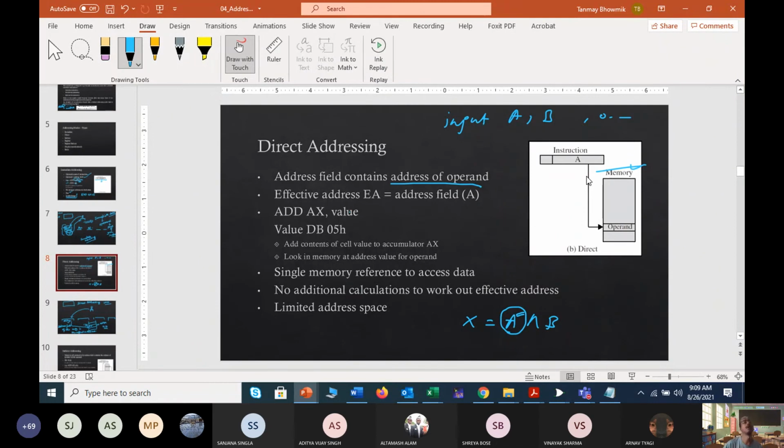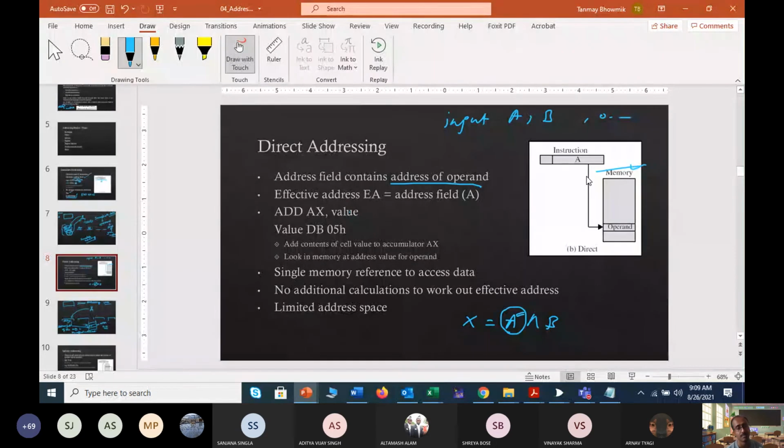It is quite common that a single memory reference is used. Previously we were using no memory reference, now we are using a single memory reference. And there is no additional calculation to work out the effective address. If you ask Aditya what your effective address is when you are fetching the copy, he will only pass on the information related to his room number.